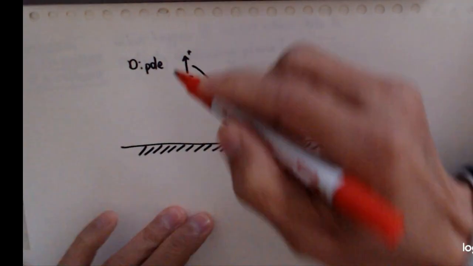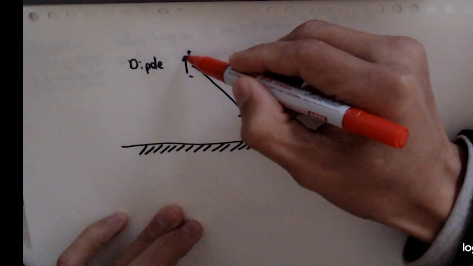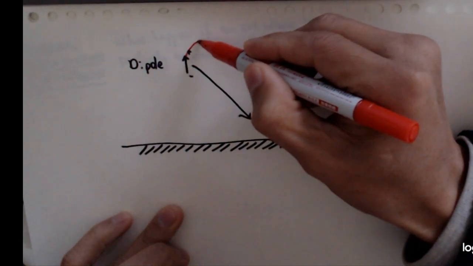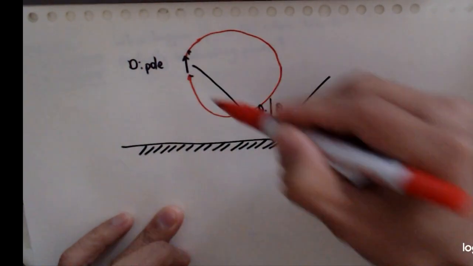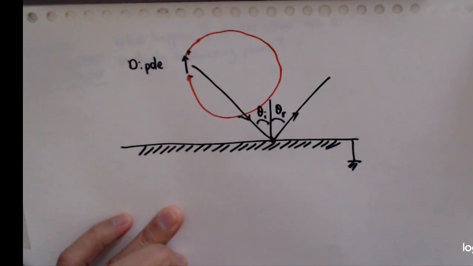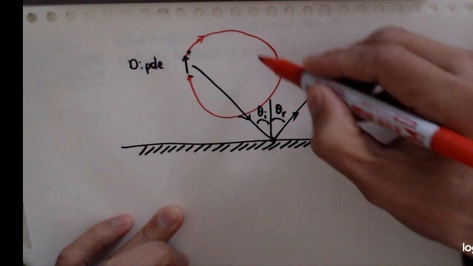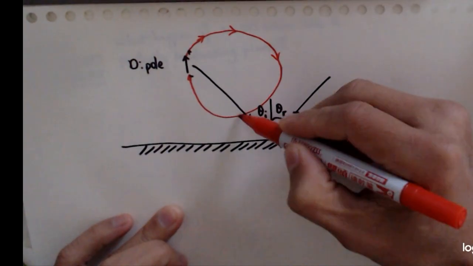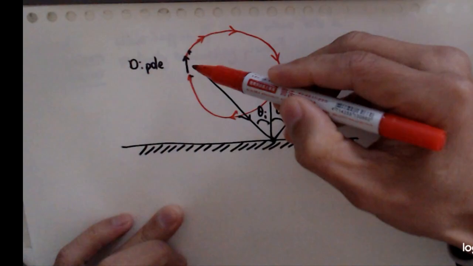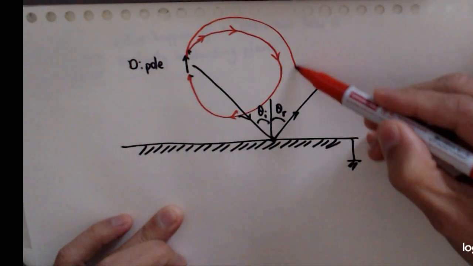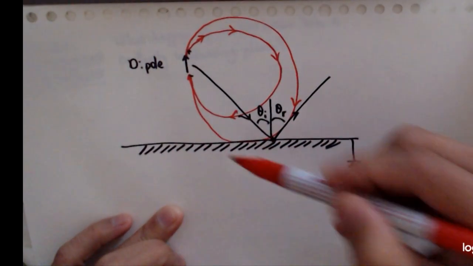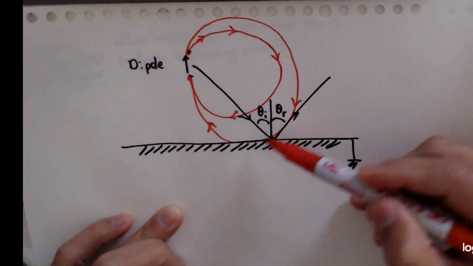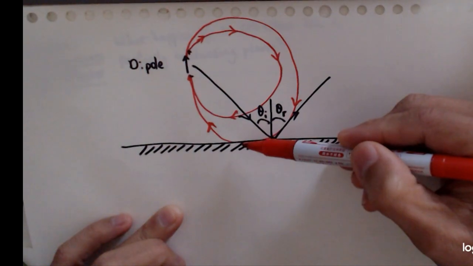Accordingly, the electric field will radiate out from the positive end and end at the negative end, just like the battery. So the electric field will point this way and point this way. If we enlarge this circle, it will be like this. So the electric field will continue at the interface until you reach the end.